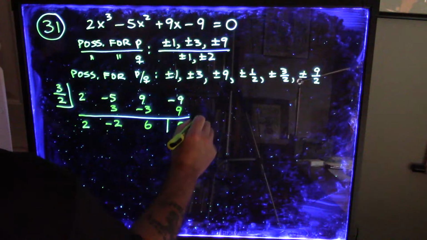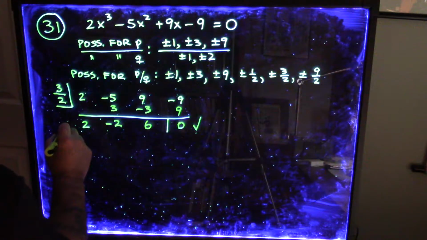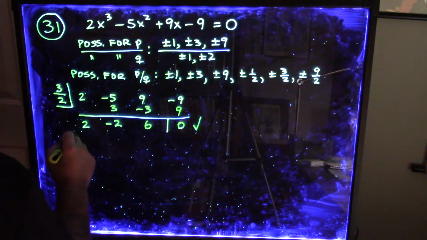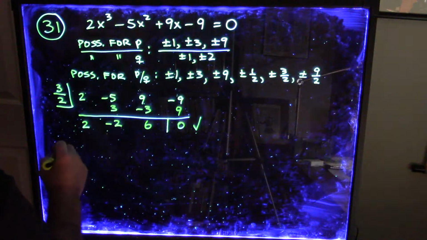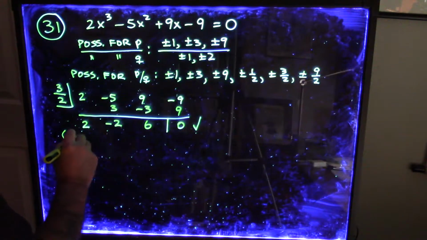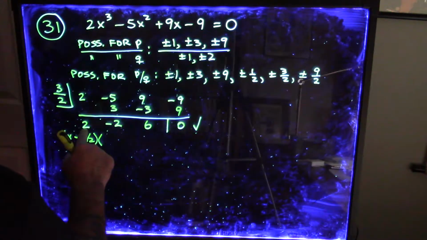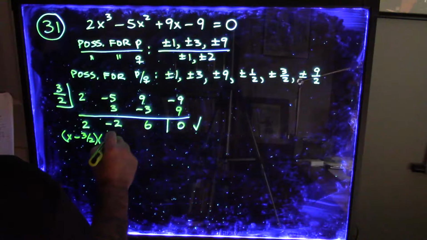So that's the one. Okay, so therefore what we have is this polynomial is equal to, in factored form, x minus 3 halves, and then you've got 2x squared minus 2x plus 6.